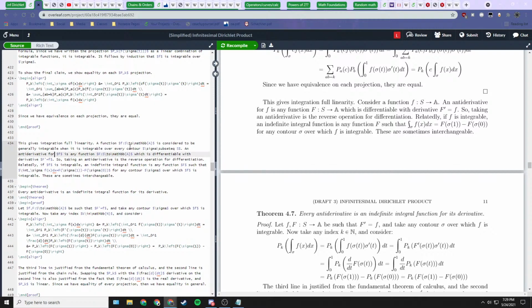An antiderivative for such, or sorry, no, wait. That's not right. Let's rearrange so that this should be moved down here.